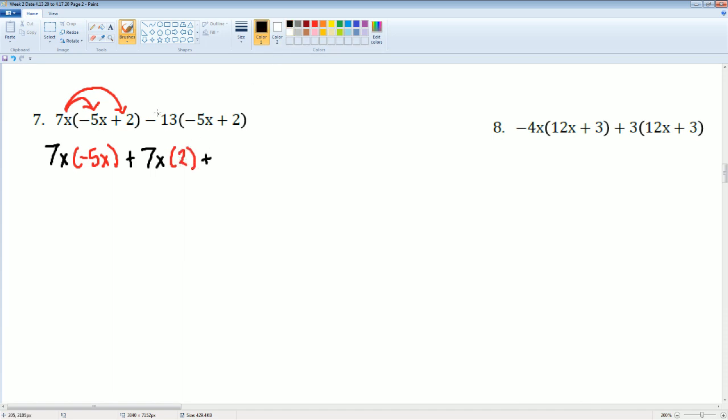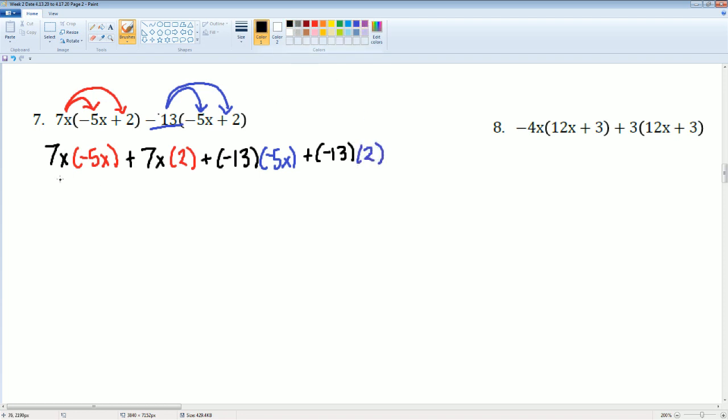Plus, again, be very careful, it's negative 13 times negative 5x, plus negative 13 times 2.